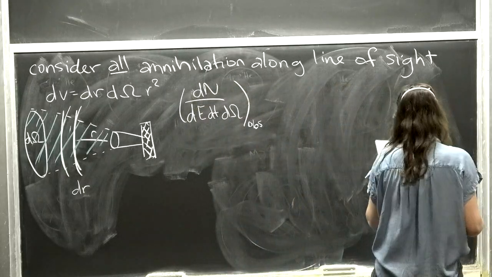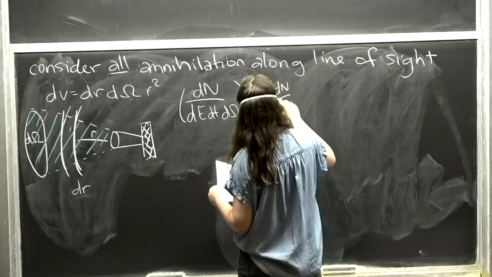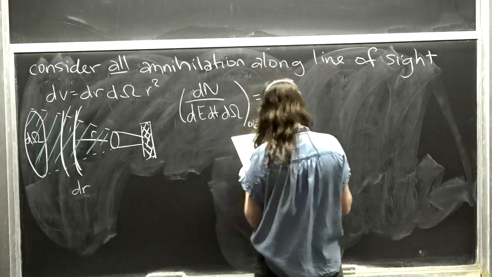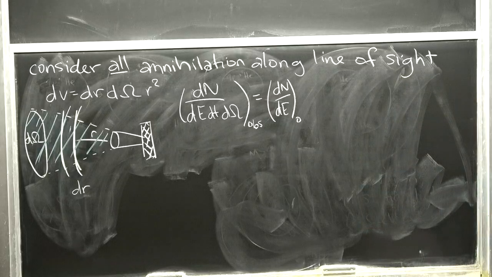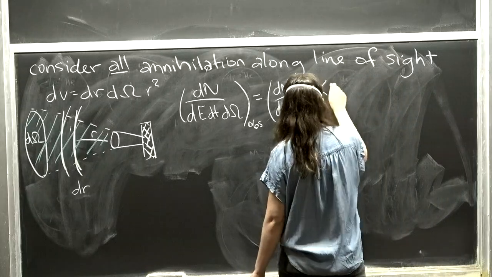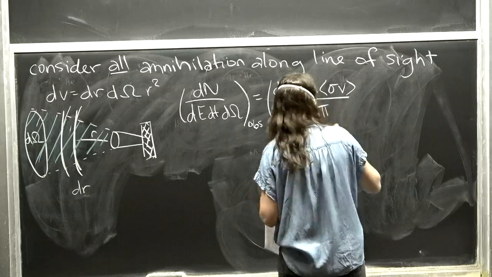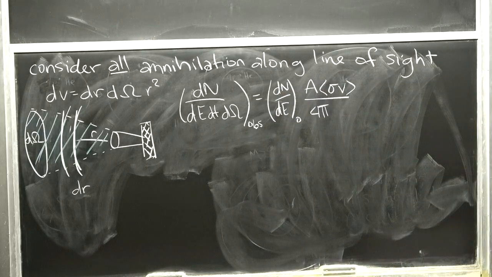Some of that stuff isn't affected, so again I have my spectrum, dN/dE, not, and a bunch of terms that don't depend on r, so I'm going to factor those out. I've got an A, the σv, a 4π. I would much rather write this in terms of ρ rather than n, just because ρ is something that I can directly measure. Okay, so I'm going to write it in terms of ρ.